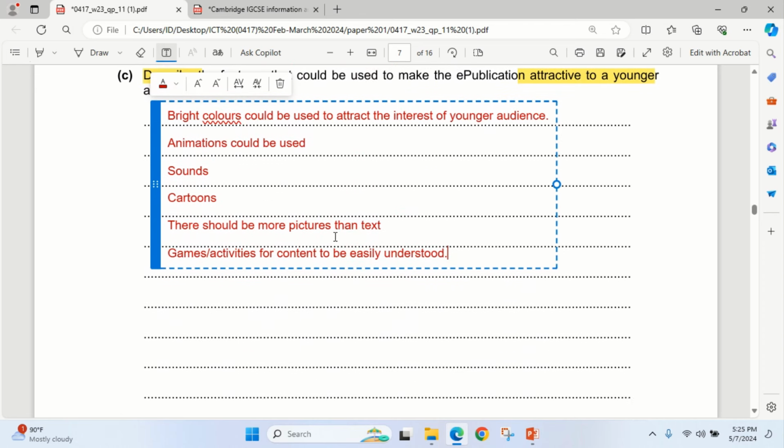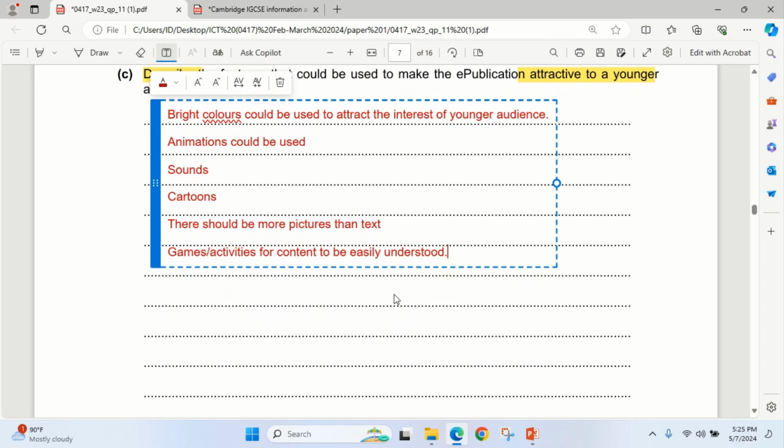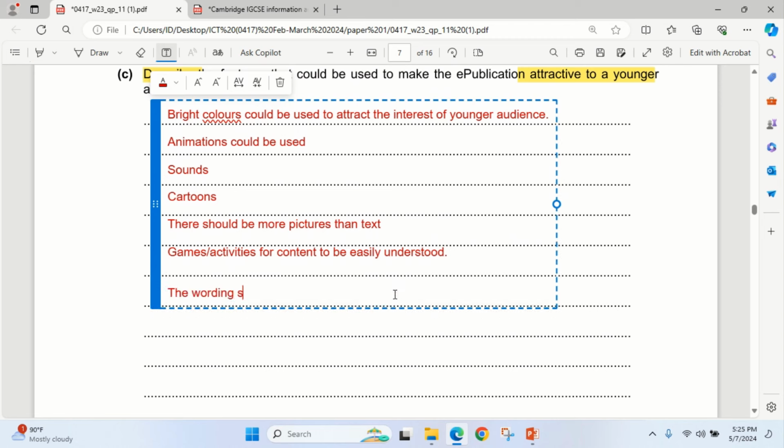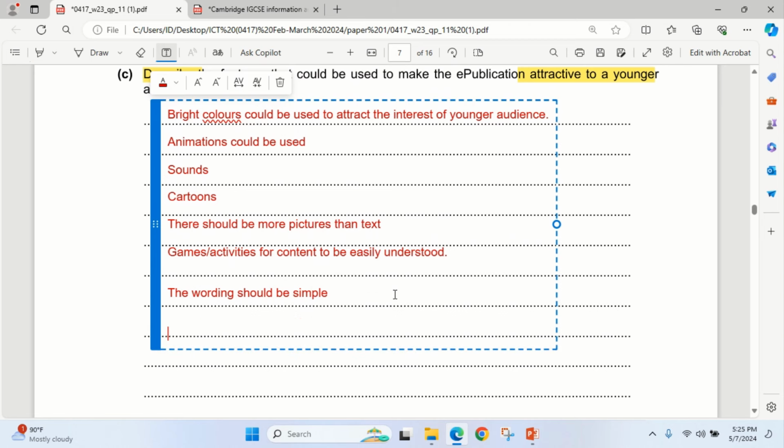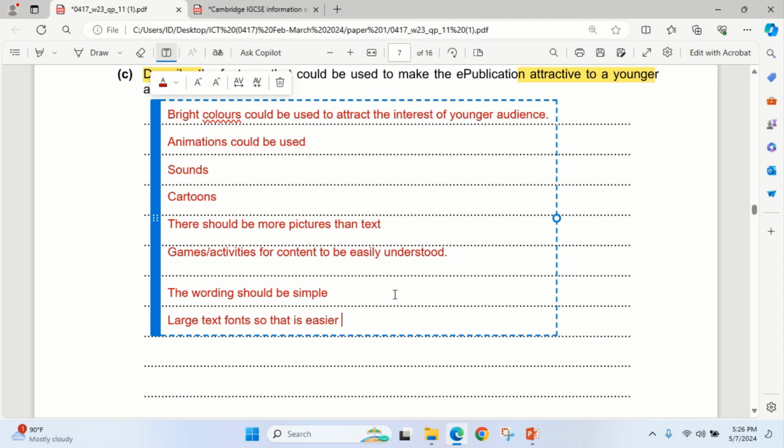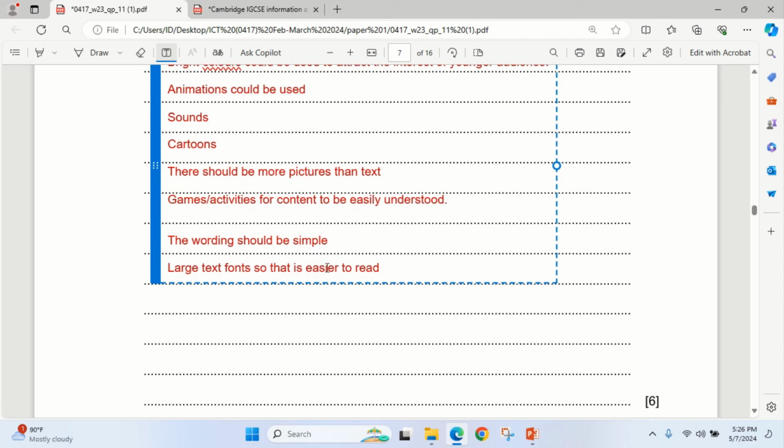So we have about 6. You could also add that the wording should be simple, and then you could say large text fonts, so that it is easier to read. Young audience like all this, and it can attract their attention.